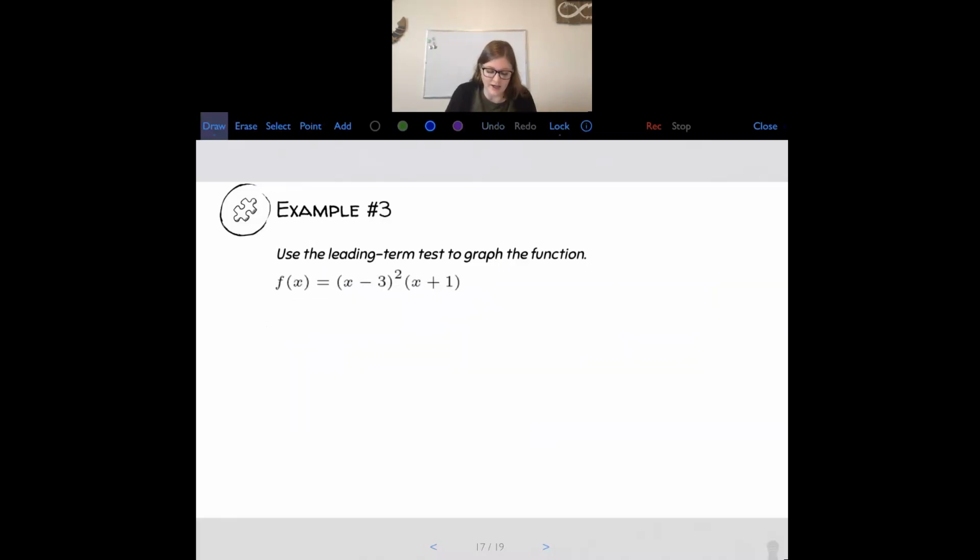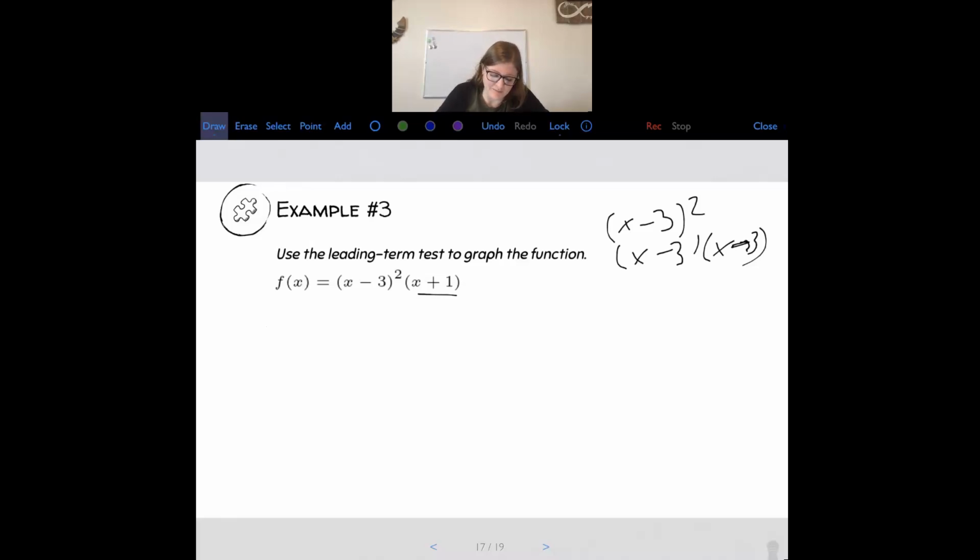Okay. Use the leading term test to graph the function. Okay, so this one is written in factored form for us. So there are a couple of options. You can multiply this all out. So if you were going to do that, you would start by doing x minus 3 squared, which would require FOIL. Okay, and then multiply by x plus 1. But remember, we're just concerned with the leading term.